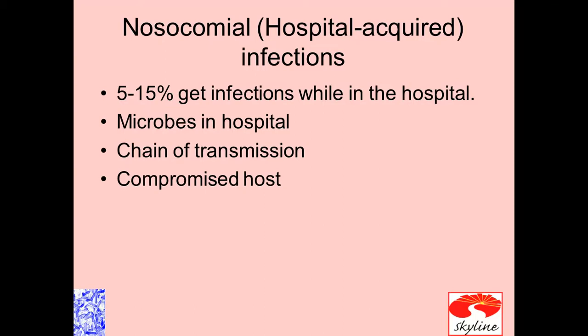Believe it or not, there are some microbial infections that actually originate from the hospital, an unlikely place where we expect microbes to be present. 5 to 15% of people who are admitted or confined within a hospital may acquire what we call hospital acquired infections, or simply nosocomial infections.